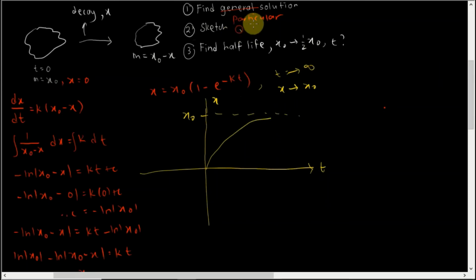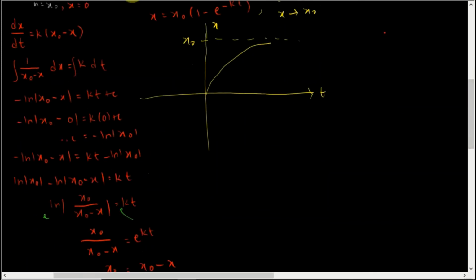So the second part is done. Lastly, find the half-life. Since this is our answer, our equation x equals x naught (1 minus e^(negative kt)). Half-life means the decay, starting from x naught, it is left with half x naught.